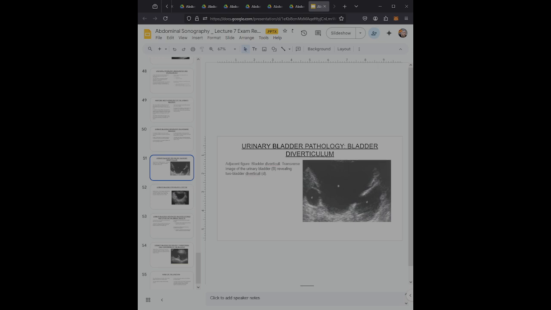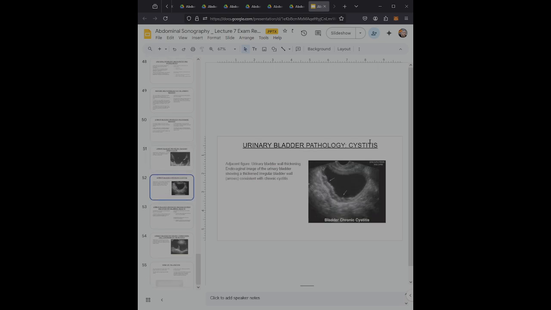A bladder diverticulum is an outpouching in the bladder wall, and the diverticulum may be associated with a urethral obstruction, or it may be congenital. Sonographically, we see anechoic outpouchings of the bladder wall and a visible neck containing the diverticulum.